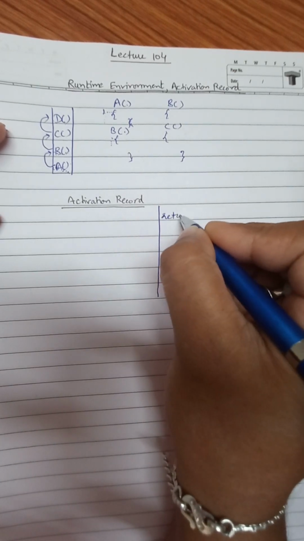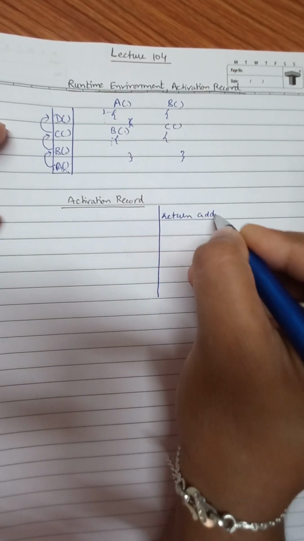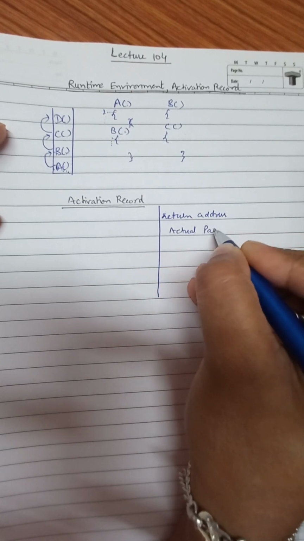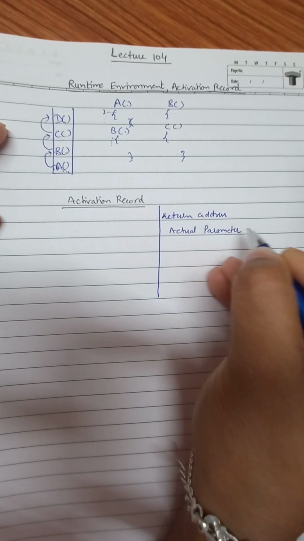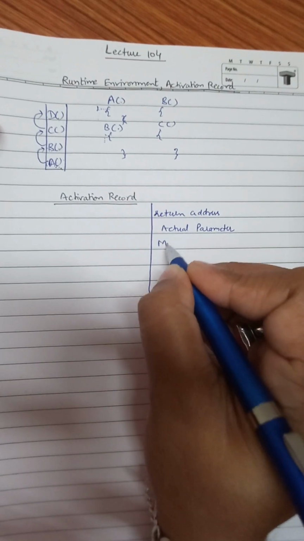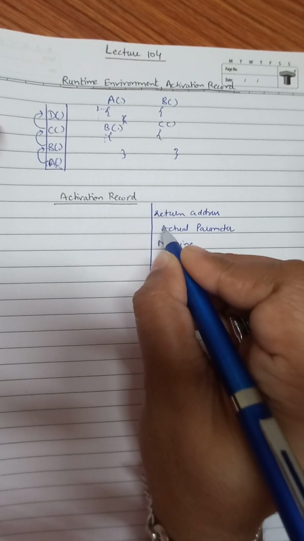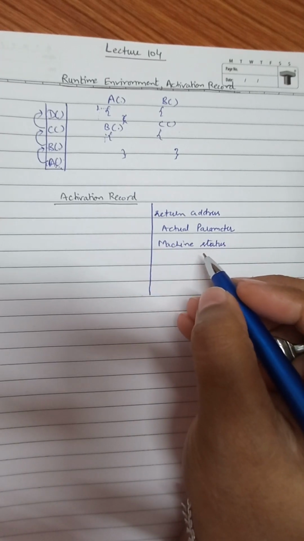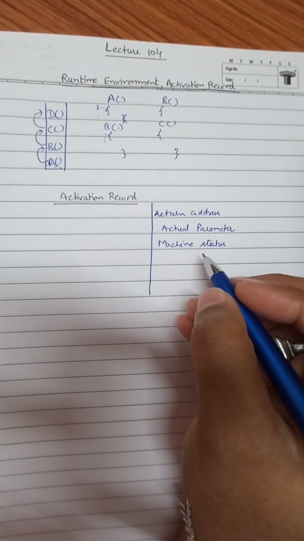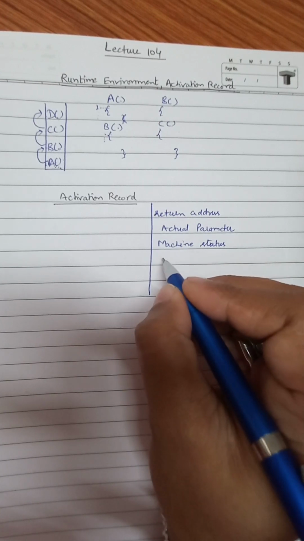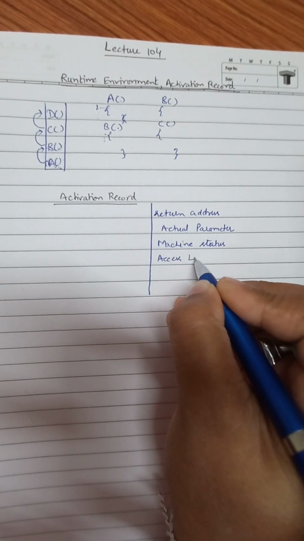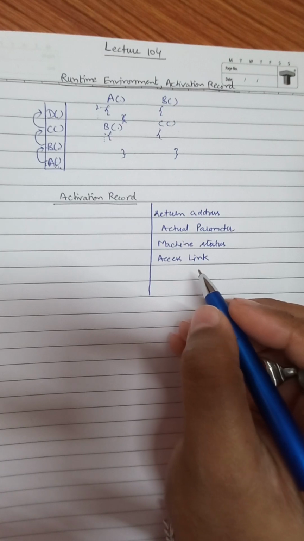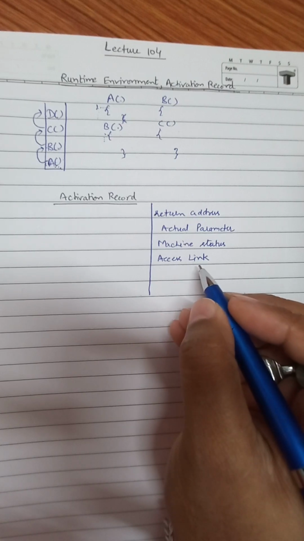We have the return address. We have actual parameters. We have machine status, which means whether it is dead or running, and how many resources it is using. Access link, that is non-local data, from which function it came, global variables, all these things.